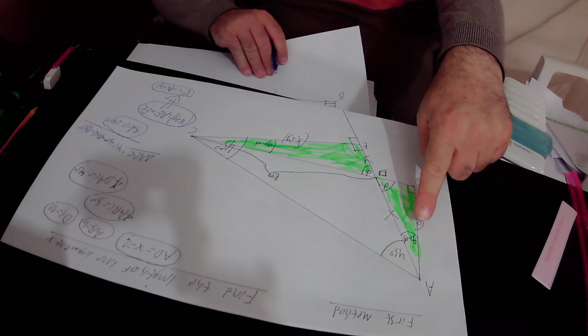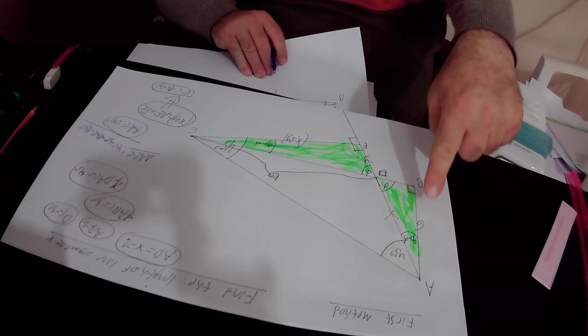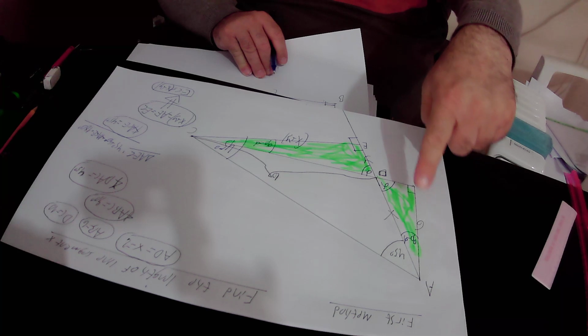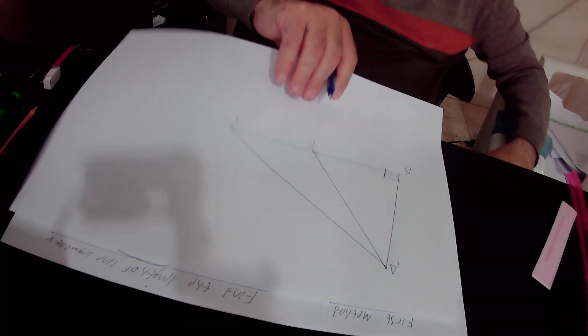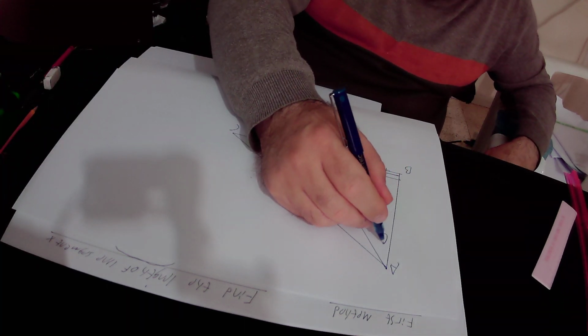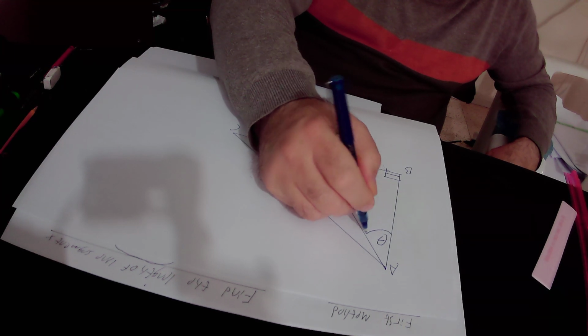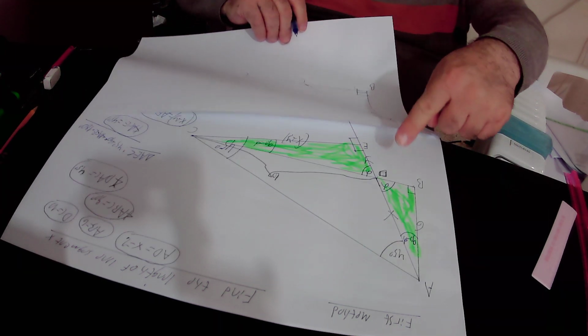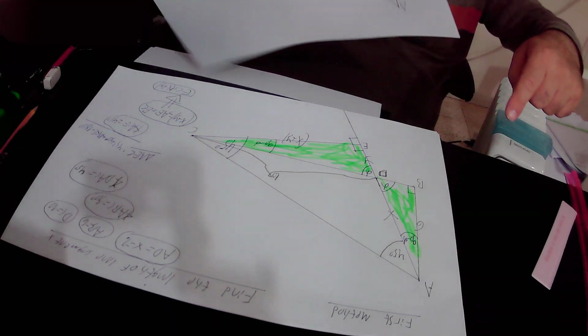Here we will define this angle BAD as theta. This angle equals alpha.